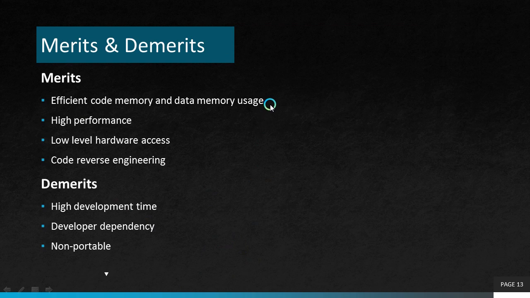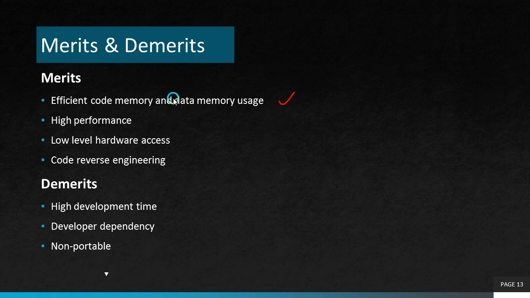Now let's look at the merits and demerits of assembly language based development. First of all, let's look at the merits, which are listed here. First merit is efficient code memory and data memory usage. If the developer is well versed with the target processor architecture and memory organization, he or she will be able to generate optimized code.